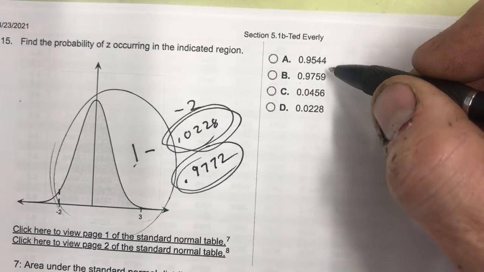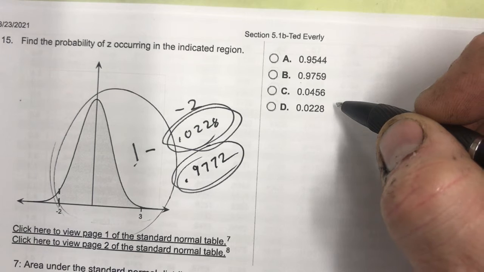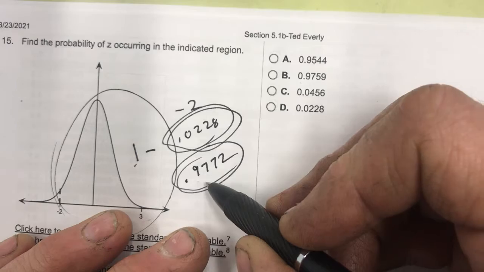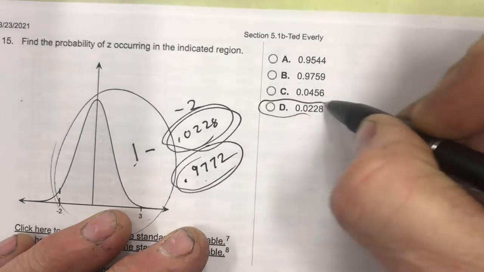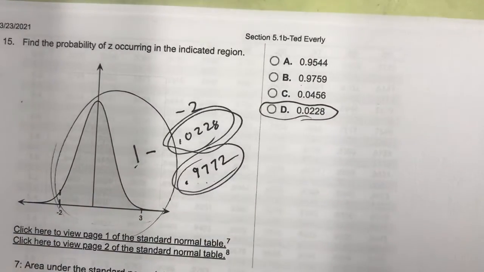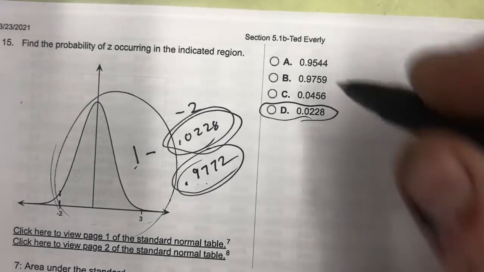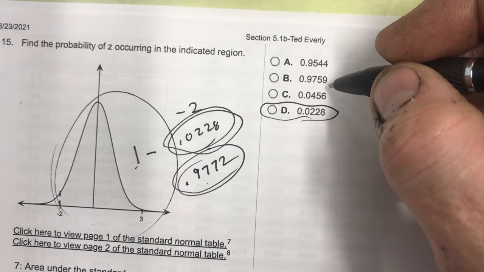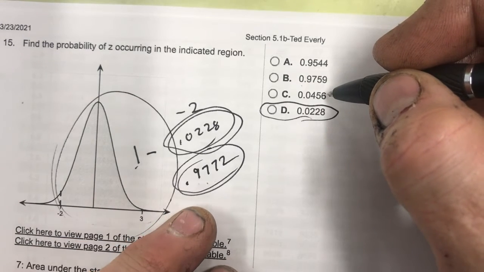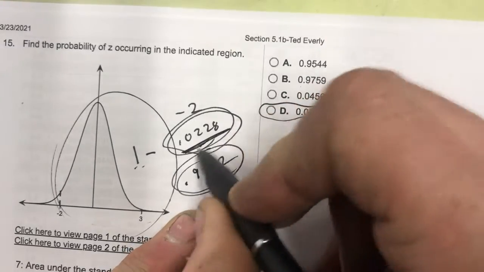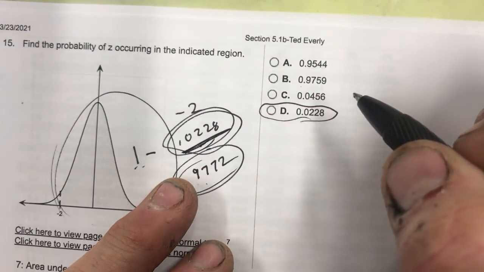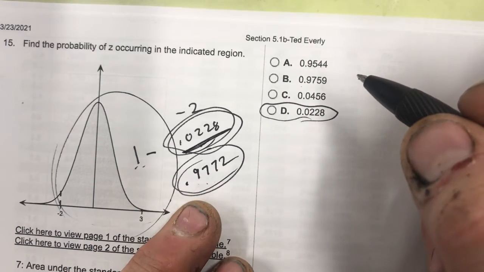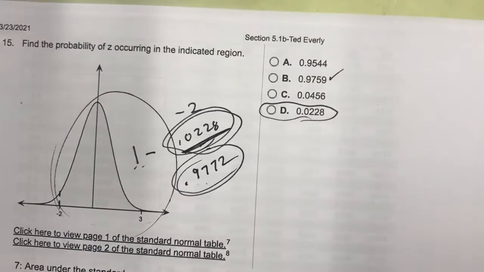I don't see that answer on here. The closest one is 0.9759.